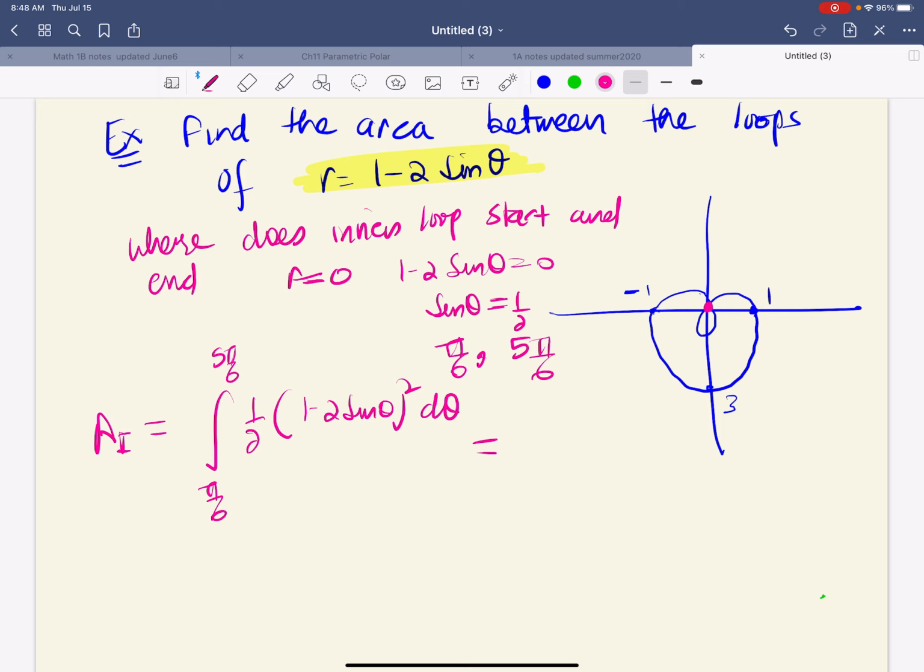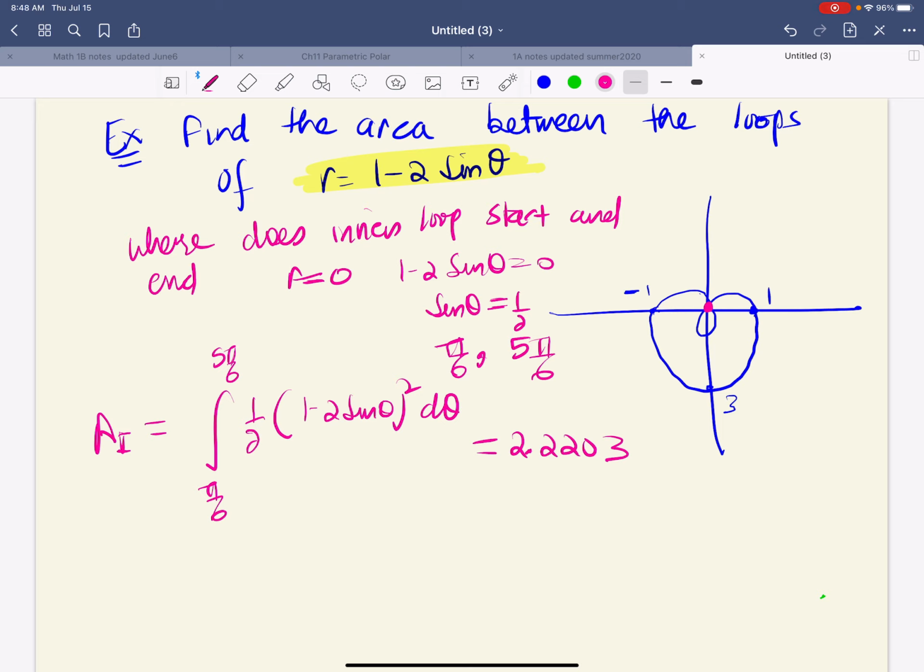Let's see, using an integral calculator, what does that turn out to be? So I got 2.2203.